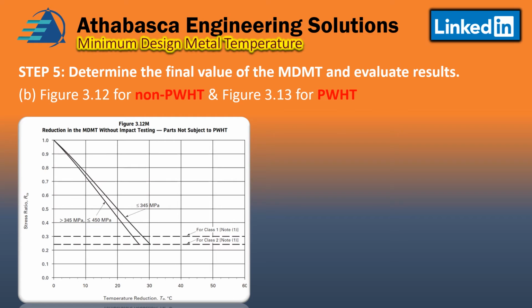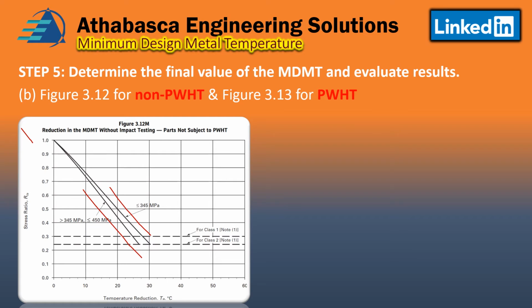Along the bottom we're looking at the temperature reduction expressed in degrees centigrade, and along the side we've got the different yield strengths, which are shown here and here.